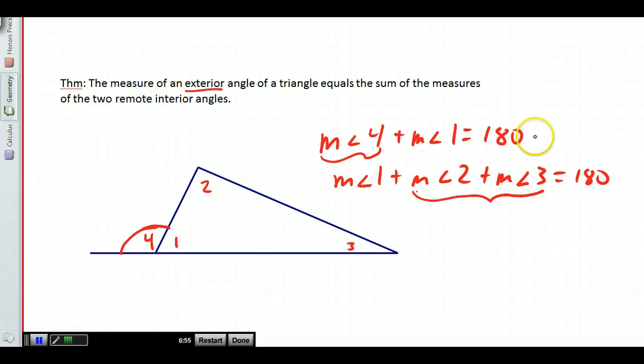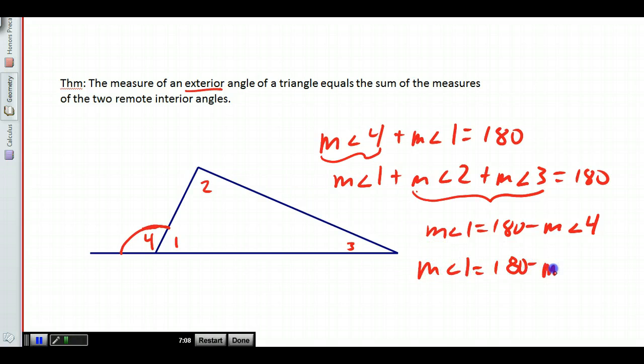Because the measure of angle 1 is equal to 180 minus the measure of angle 4, and the measure of angle 1 is equal to 180 minus the measure of angle 2 plus the measure of angle 3. So that means that angle 4 and 2 plus 3 have to equal each other.